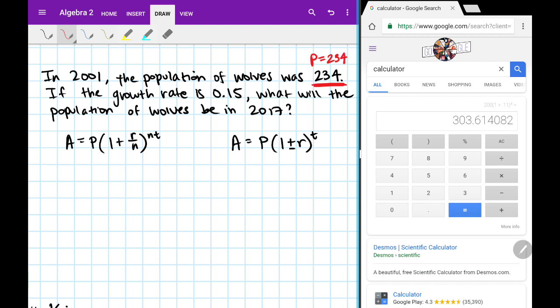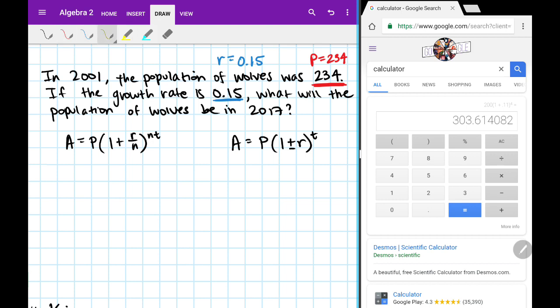Now it says the growth rate is 0.15. Well, whenever we talk about rate, we're describing R. And notice it's already in decimal format. There's no percent there. So R is just going to equal 0.15. What will the population of wolves be in 2017? So here, very indirectly, they're actually discussing time. If in 2001 is when we start, then how many wolves will there be in 2017?